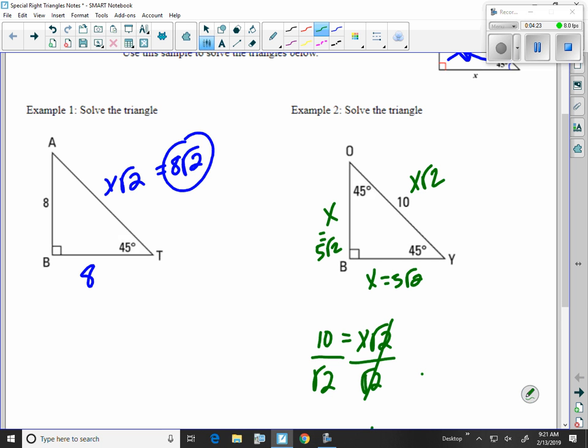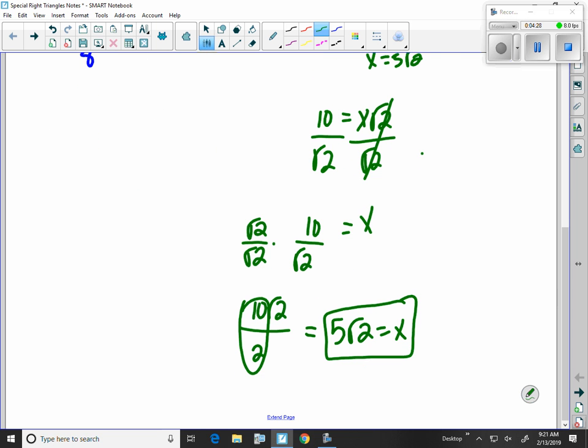Okay, any questions for me? Yes. Can you go down for one more? Yeah. Emmett? So if it's like 10, or if there's any number that can get cut in half, will it just be half of the radical 2 as an answer?